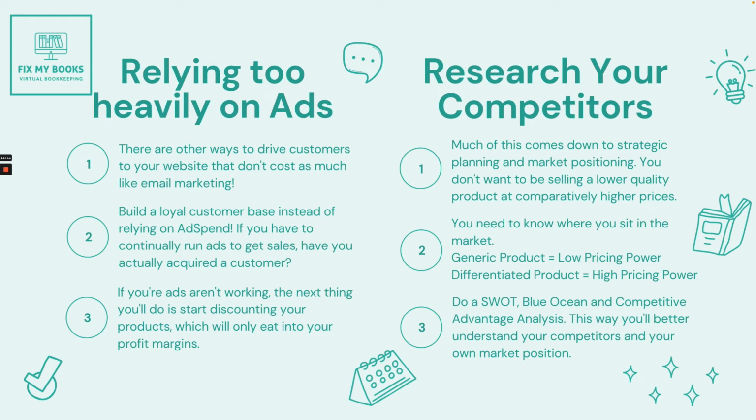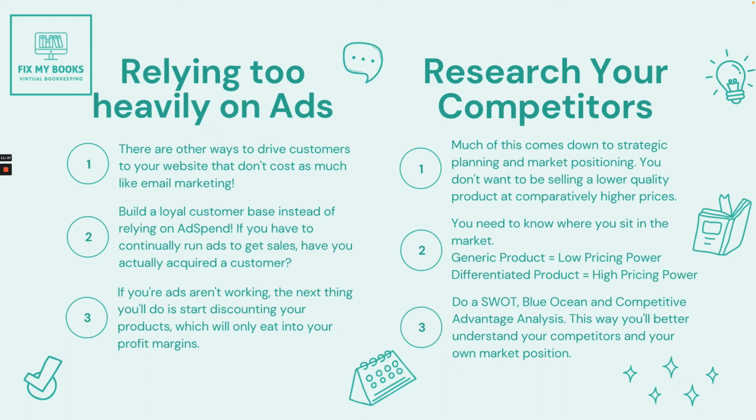Generally, a generic product means that you have low pricing power. Meaning if you're selling, let's say, a pen on Amazon, you have to be competitive with everyone else who's selling a pen on Amazon. So if everyone else is selling a pen for $1, you can't be selling your pens at $10, right? If it's generic.